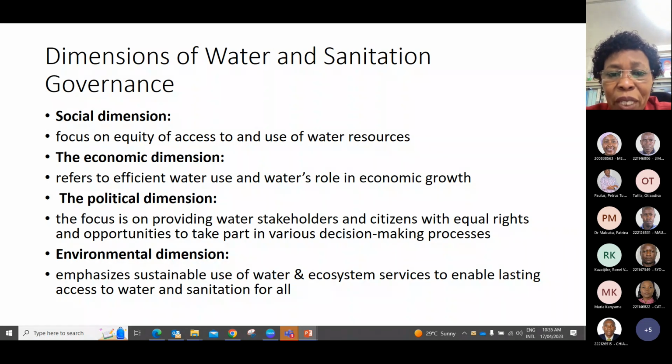With regards to water and sanitation governance, what we want to see is that stakeholders and citizens are given equal rights as well as opportunities to take part in various decision-making processes.